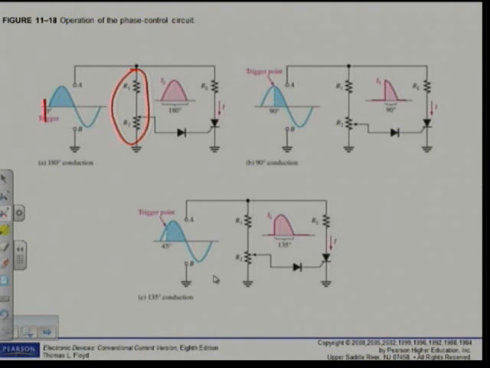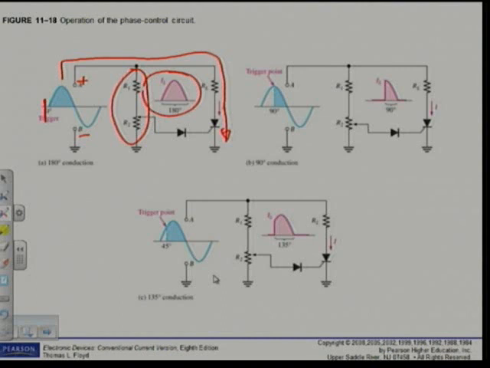That will be my positive cycle. It will be positive, negative, and then I will get a flow through the SCR and through the load. Across the load, I will have basically that. You can see that is exactly like a half wave rectifier.